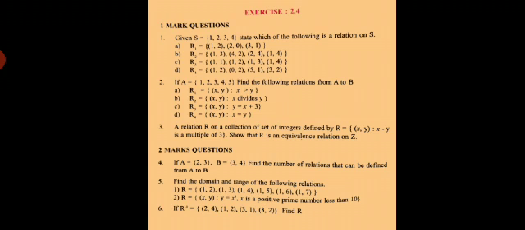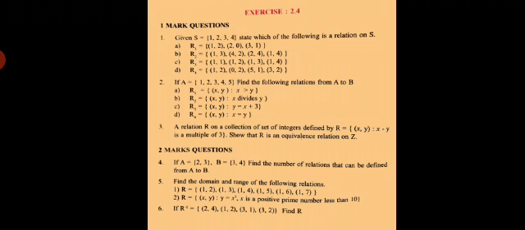Since 0 is not there in S, the first one is not a relation on S. 0 is not there in the set S. Therefore, R1 is not a relation on S.